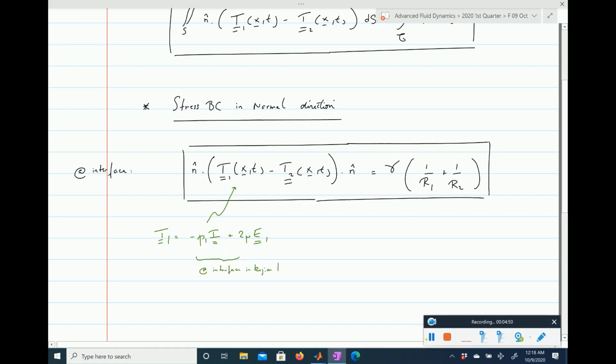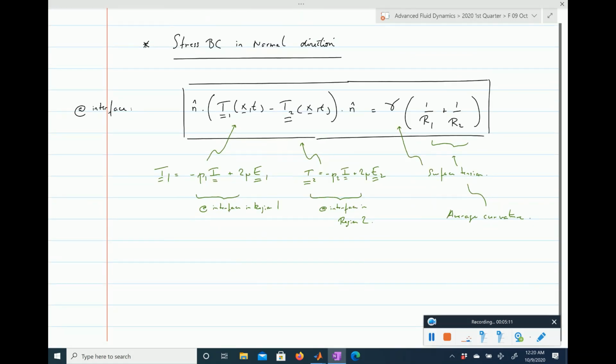And likewise, this is the stress tensor in region 2, again taken at the interface. This here is a constant, the surface tension. And this here is the average curvature, with R1 and R2 being two radii of curvature in orthogonal directions.